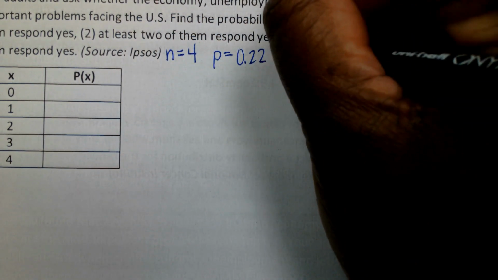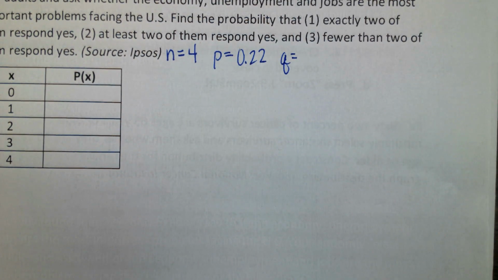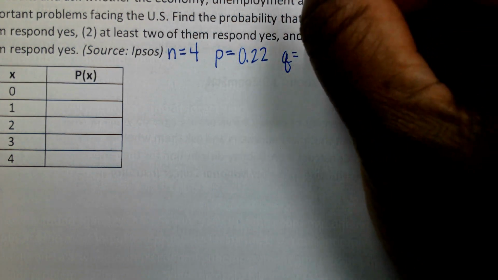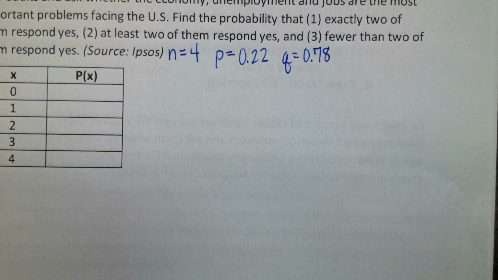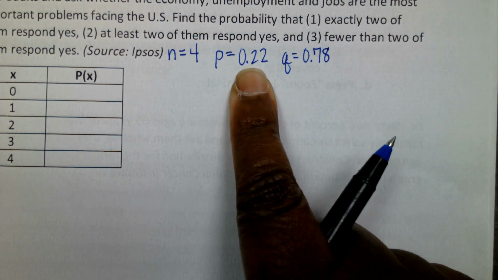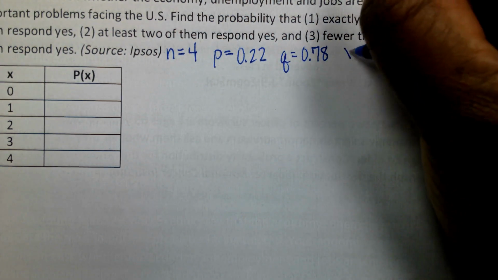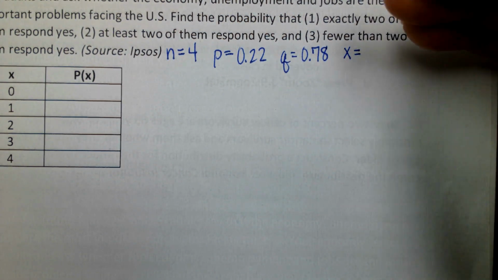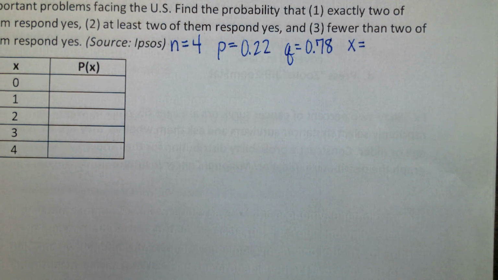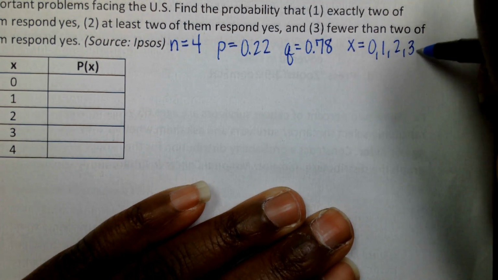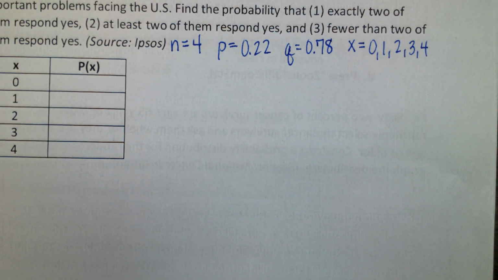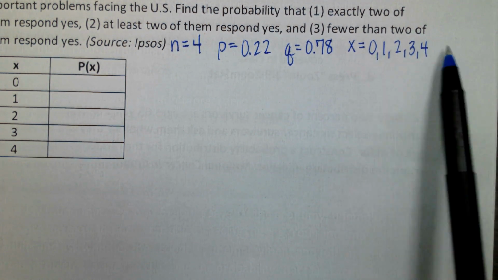What is our q? 0.78. So remember, that's 1 minus P. And then for our x's, what are all of our possible x's? So that way we can look back and see. Oh, I already have them here. Those are nice this year. Normally I don't do that. But Merry Christmas. So those are all of our possible x's.